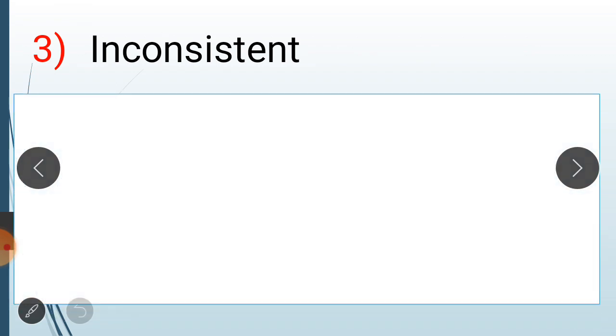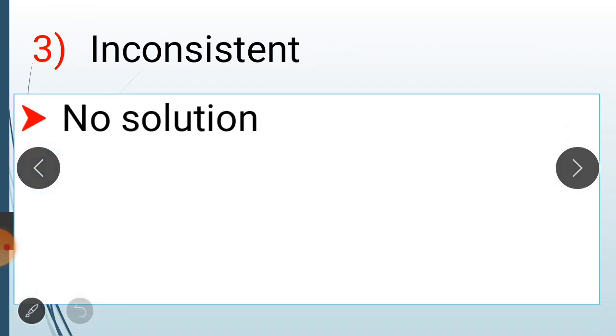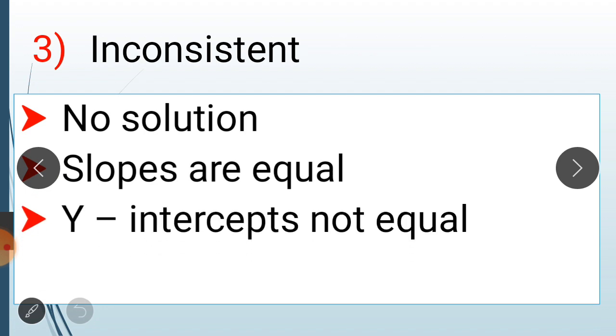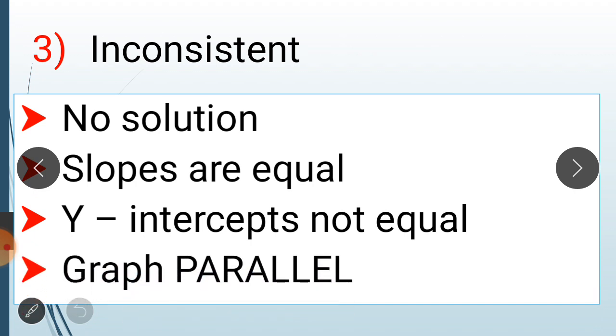Number 3 is inconsistent, so no solution. How come they have no solution? Slopes are equal and y-intercepts are not equal. Graph is parallel.